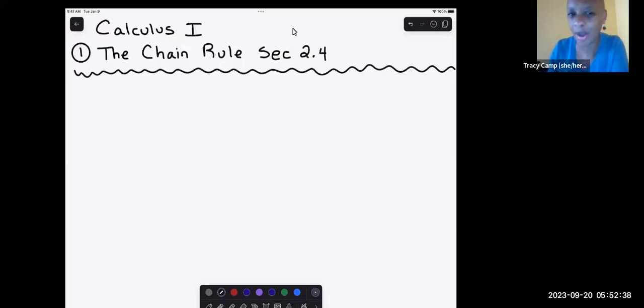Before I talk about composite functions, I'm just going to show you one, and then I'll talk about what they are. Let's say we have a function like this: y equals (3x plus 4) quantity squared.